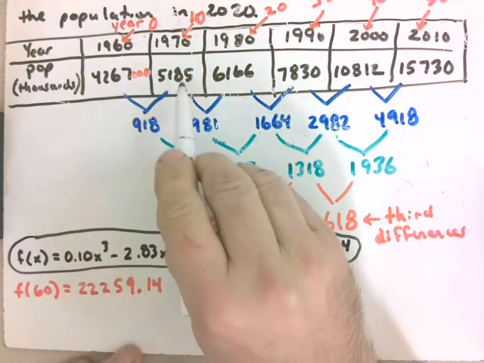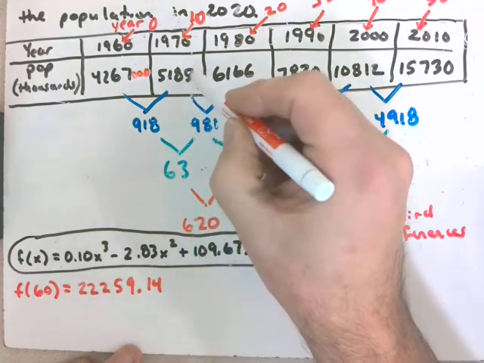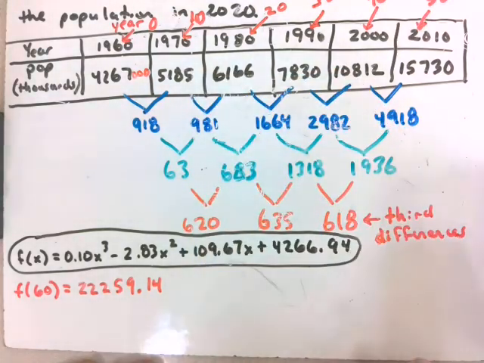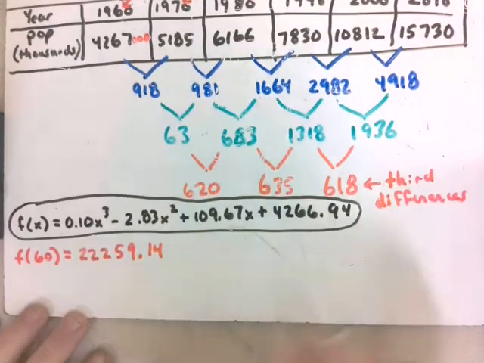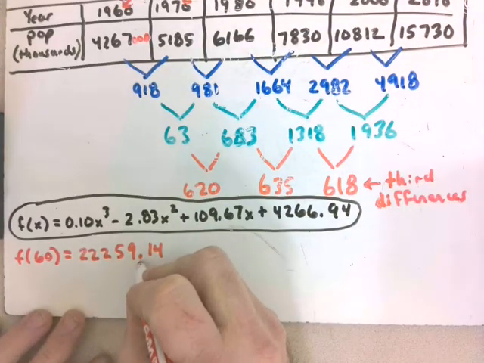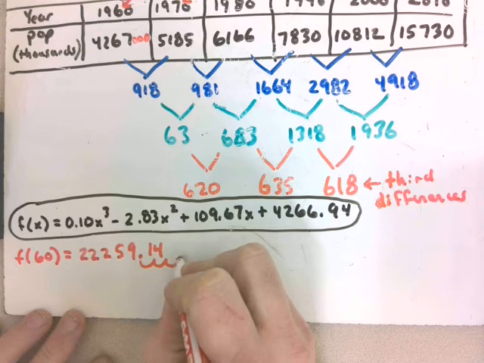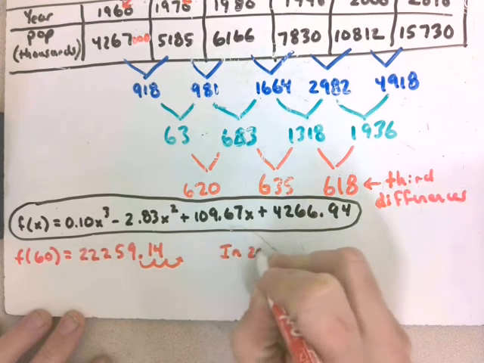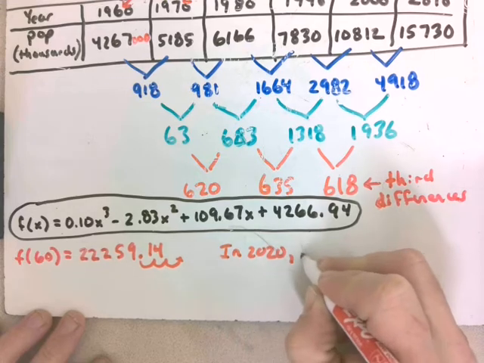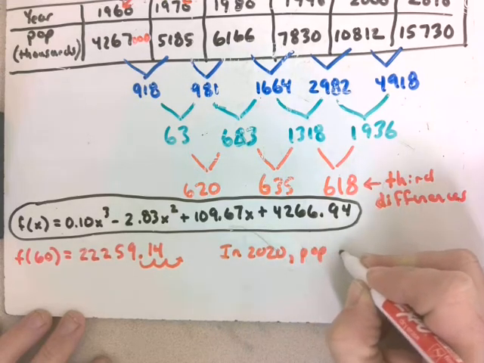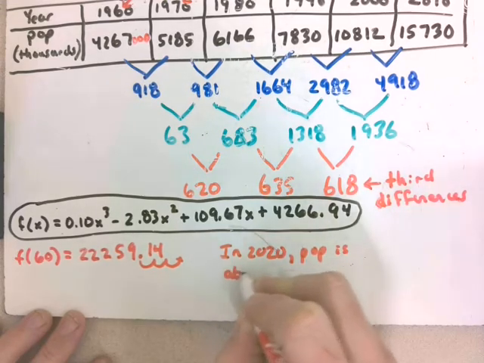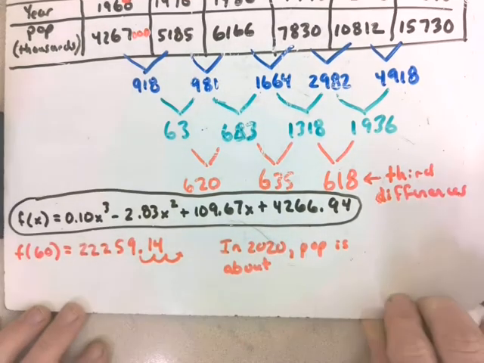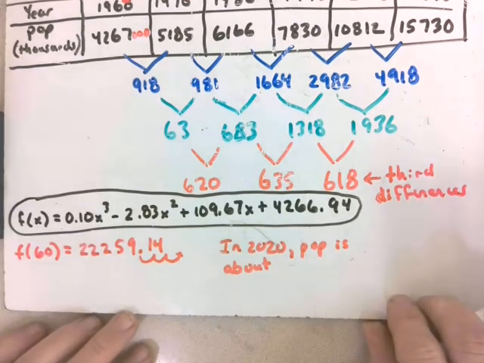4,267,000. Each one of these numbers, we should bump the decimal over 3 places to come up with the actual population, which is also what we should be doing here. So we should move the decimal over 3 places and then answer the question. In 2020, the population is about, I say about because it's an estimate and our equation is off a little bit.